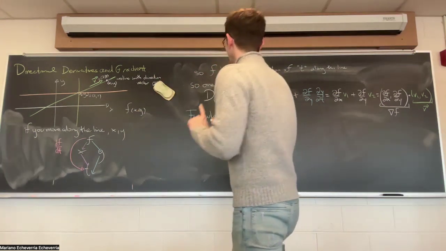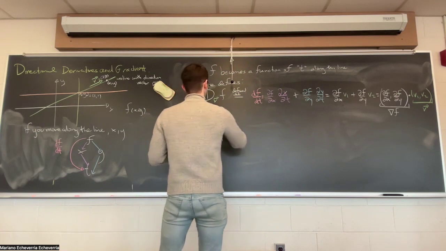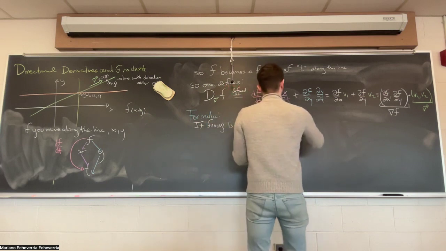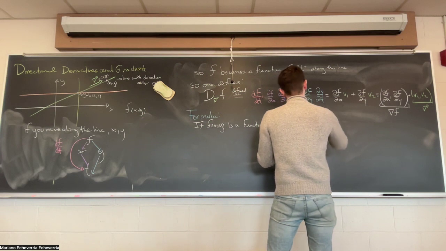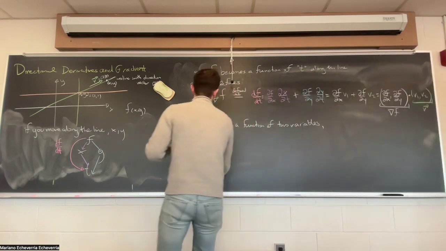Okay, so if you have a function of two variables, if f of x, y is a function of two variables, then let me say, it is a formula for the directional derivative.